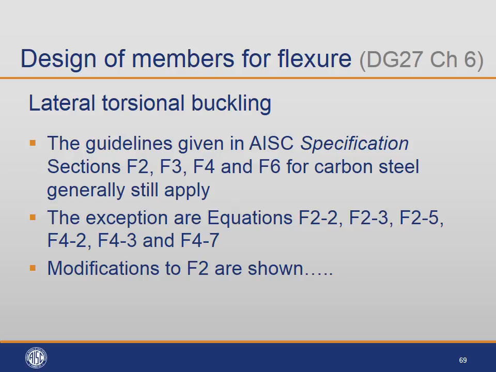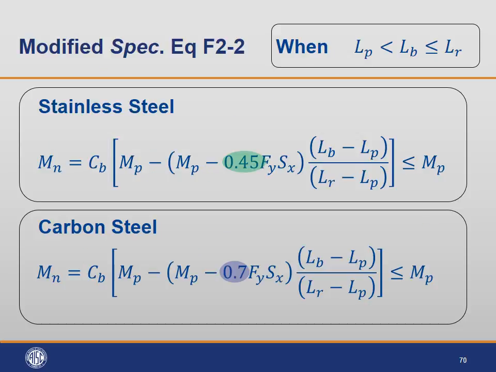Moving on to the design of members for flexure, there is some modification required when it comes to lateral torsional buckling. And a lot of the expressions still apply, but some modifications I will show here.